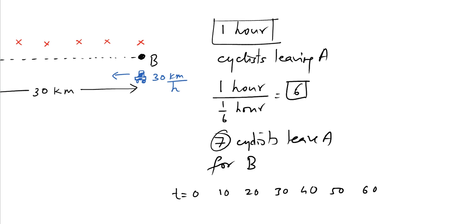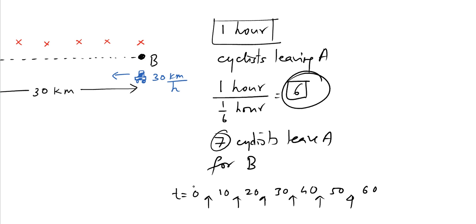So this number 6 is these intervals. There are 6 such intervals. So 1, 2, 3, 4, 5 and 6. There are 6 intervals of 10 minutes in a total time of 60 minutes.